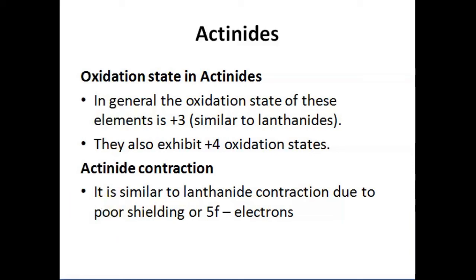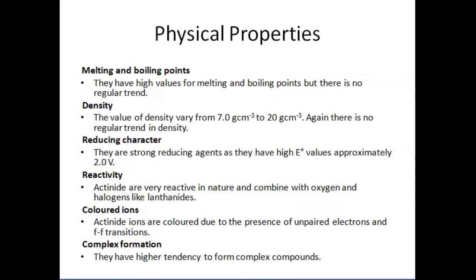And like lanthanides, actinides will have high values for melting and boiling point, but yes, of course, there will not be any regular trend for it. Density, the value of density for actinides are going to vary from 7 gram per centimeter cube to 20 gram per centimeter cube, but again there is no regular trend in density also.